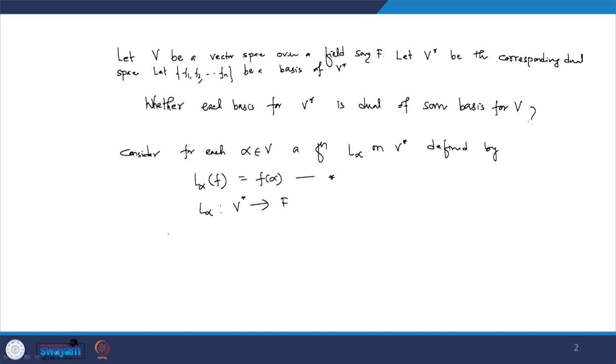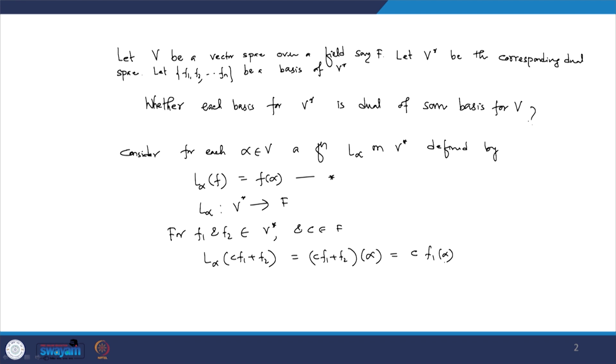I mean, for f1 and f2 belonging to V star and c belonging to the field capital F, L alpha of c f1 plus f2 equals c f1 plus f2 operating on alpha, which is equal to c times f1 of alpha plus f2 of alpha.